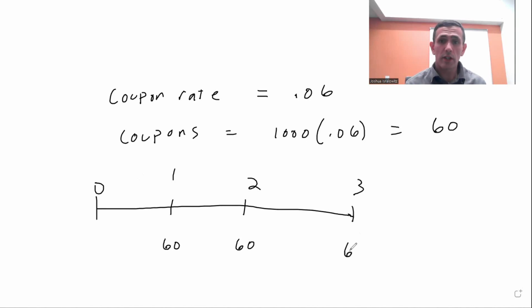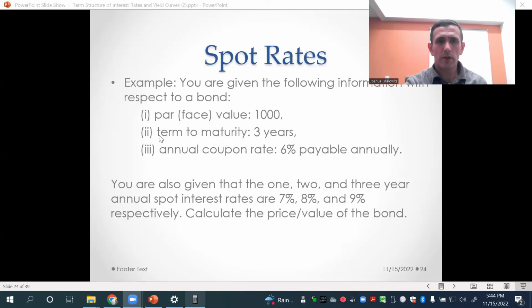It's 60 plus my face value, 1,060. All right, so we're basically doing exactly like we did in this example here.